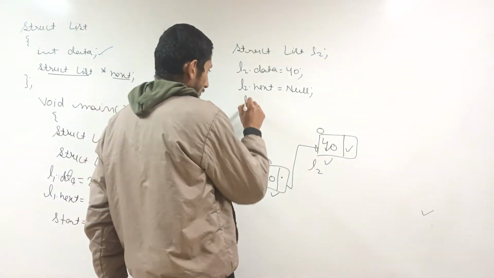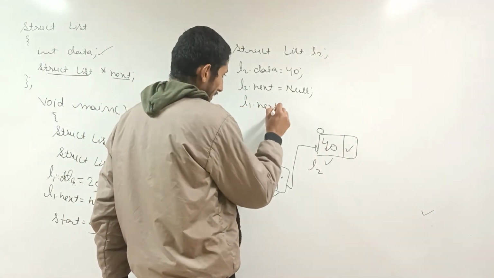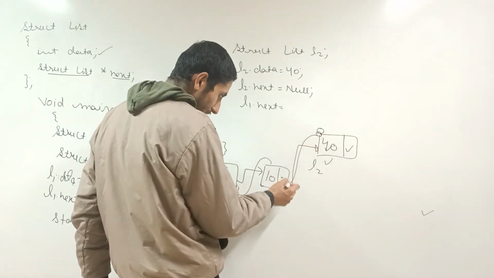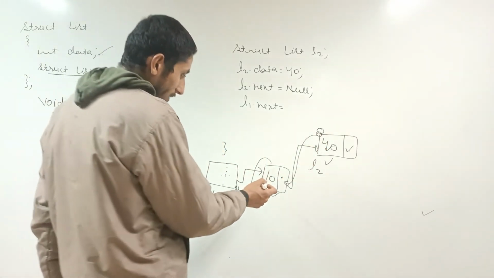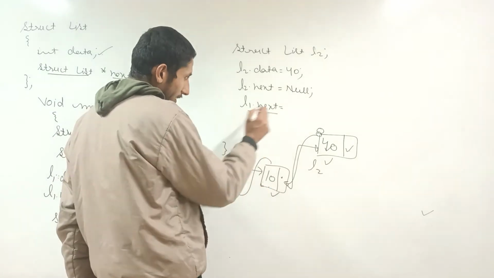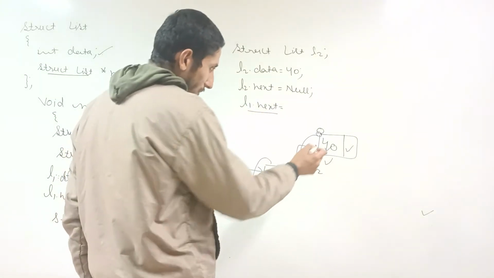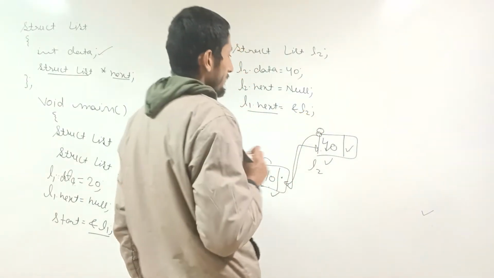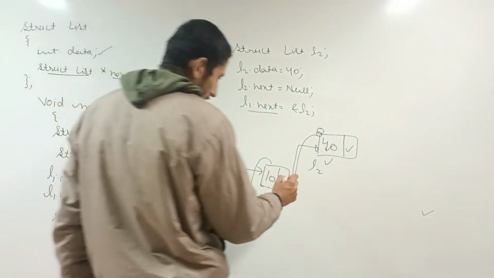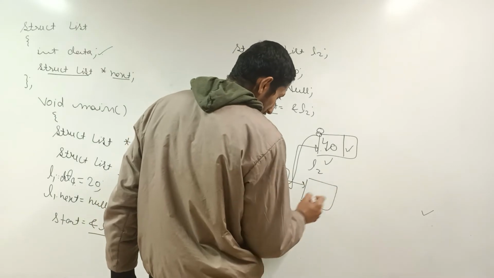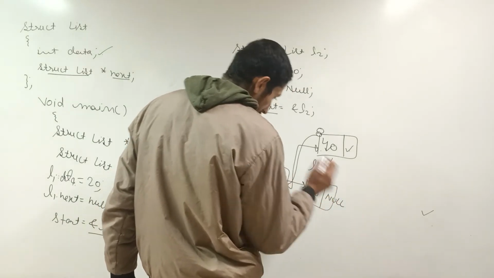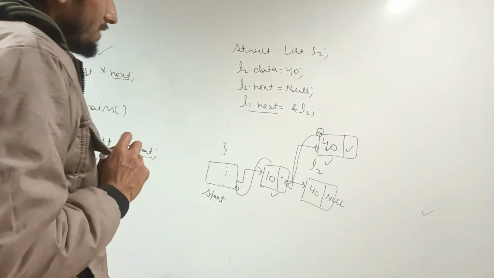I have to copy the address of this block into this block. The name of this one is L1. So in L1 dot next, we have to copy the address of L2. So let me copy the address of L2. So these two blocks will be linked like this.